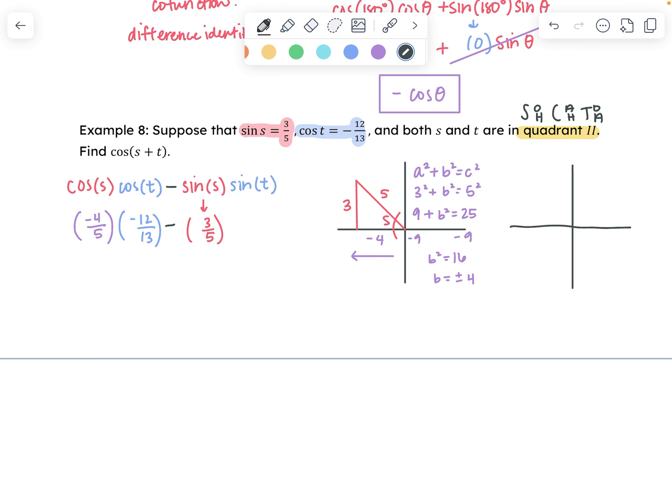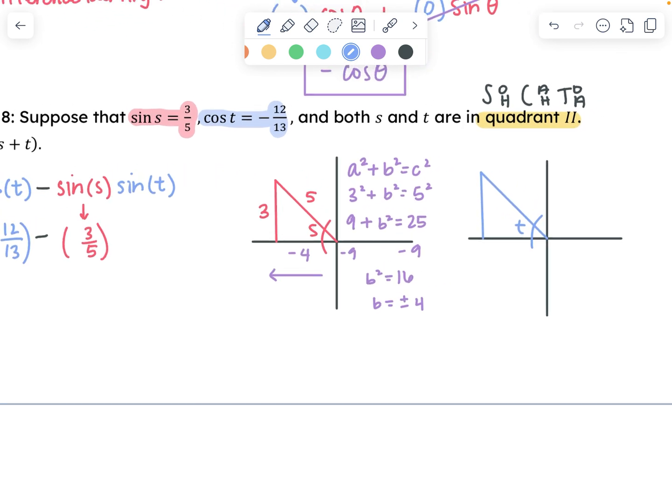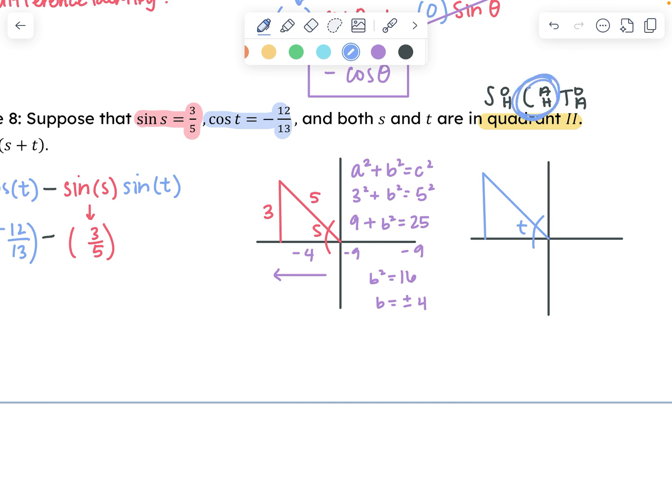So once again, t is in quadrant 2, so it's going to be up here in the top left. Put t. This time I know the cosine though, so remember that's CAH, that's my adjacent and my hypotenuse. So I'm going to put a -12 here, because remember we're going in the negative x direction, and a 13 for the hypotenuse. Remember the diagonal of the hypotenuse is always positive.